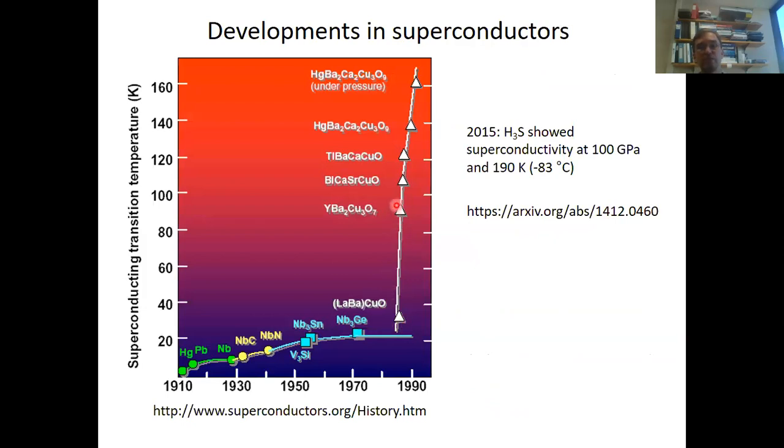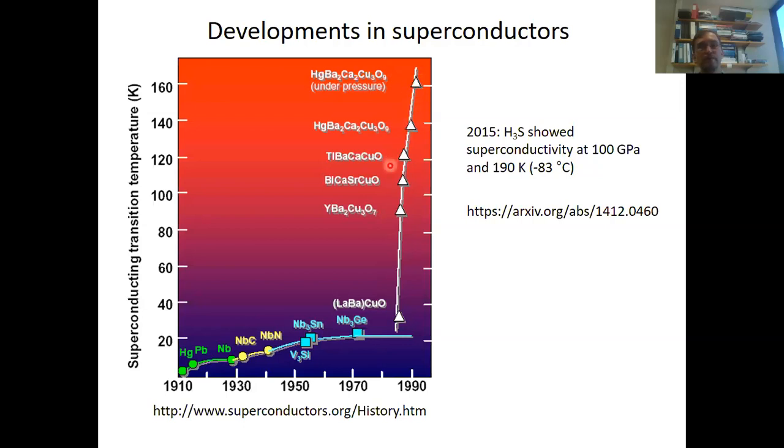After that discovery, there was of course a lot more research going on, and people believed that with a little bit more development, soon we would arrive at a room temperature superconductor. But after a few years, that field halted.